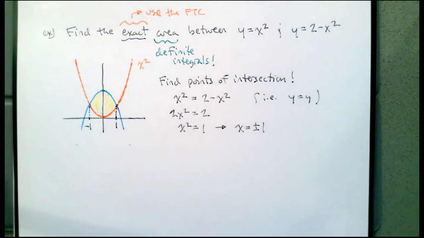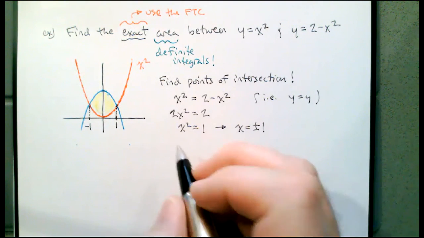We start with something where we know what the result is, and we see if our method will produce that result. That's how we verify our method. What I need to find is the area under the 2 minus x squared, and I'm going to subtract the area under x squared.